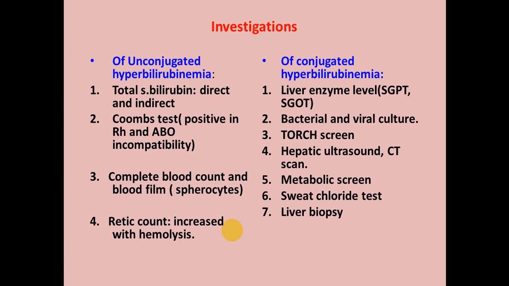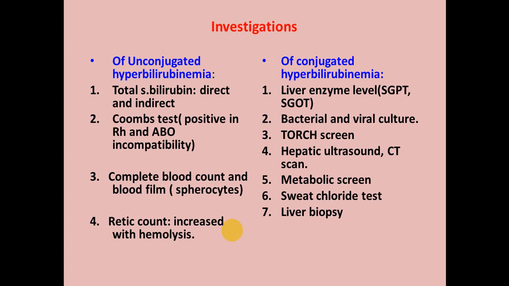After that, we do total serum bilirubin with a fractionation into direct and indirect bilirubin. And if we see that the hyperbilirubinemia is mainly indirect, we will do a complete blood picture to see the hemoglobin level. In case of hemolysis it will be low, and the reticulocyte count will be high, and also in the blood smear we may see abnormal cells like spherocytes in hereditary spherocytosis.